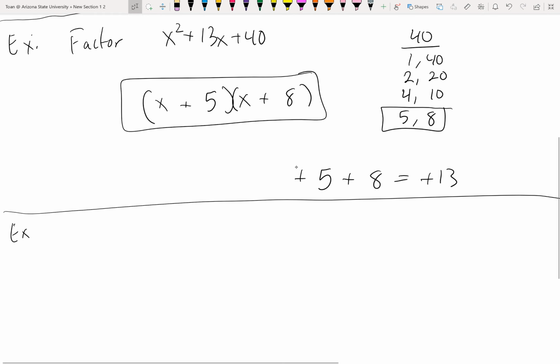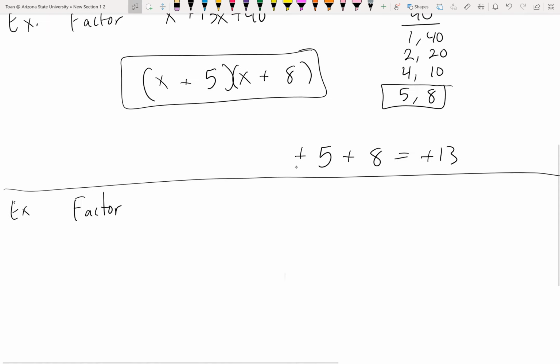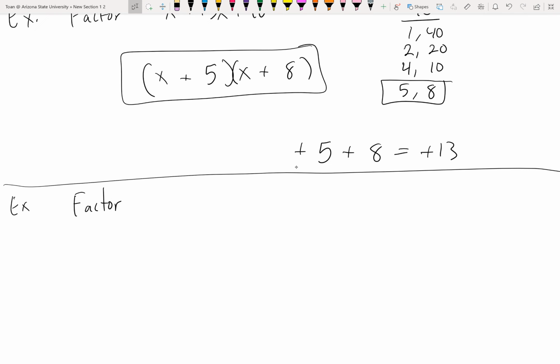So let's say we have, factor x squared minus 12xy plus 35y squared. I know that looks scary, but notice the pattern here. You start with an x squared. Just focus on the x's.